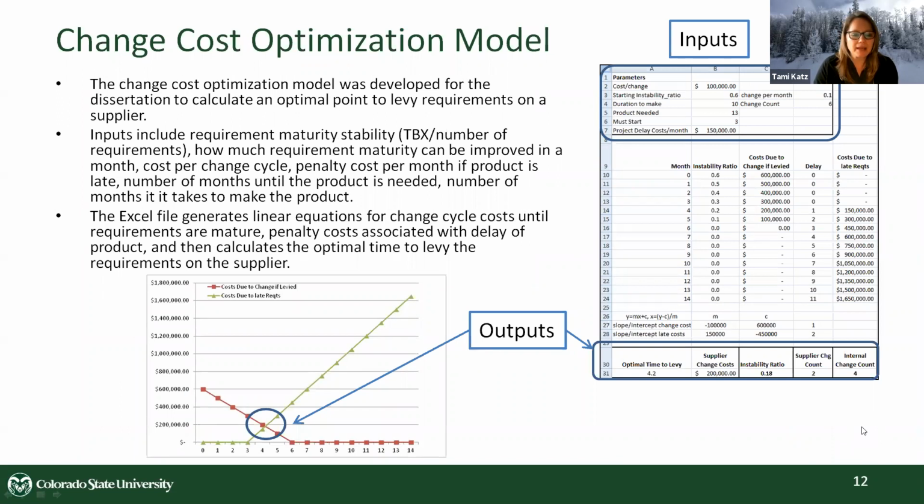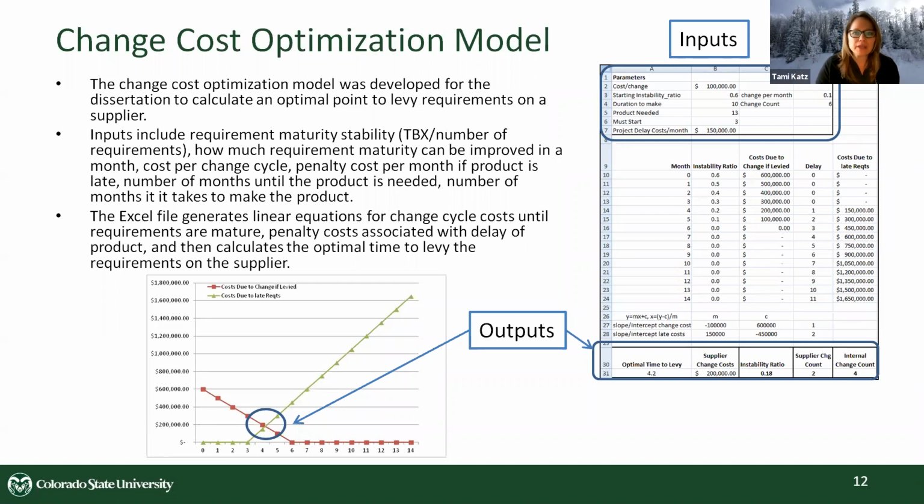So I came up with this first order optimization model, and I did this in Excel. I was originally planning on using an optimization program in MATLAB to calculate this, but it turns out I didn't need anything that elaborate. Excel did the job. So I took a linear line of, if I knew I had a very immature set of requirements, it would probably take some level of months to mature them to a much more stable state.